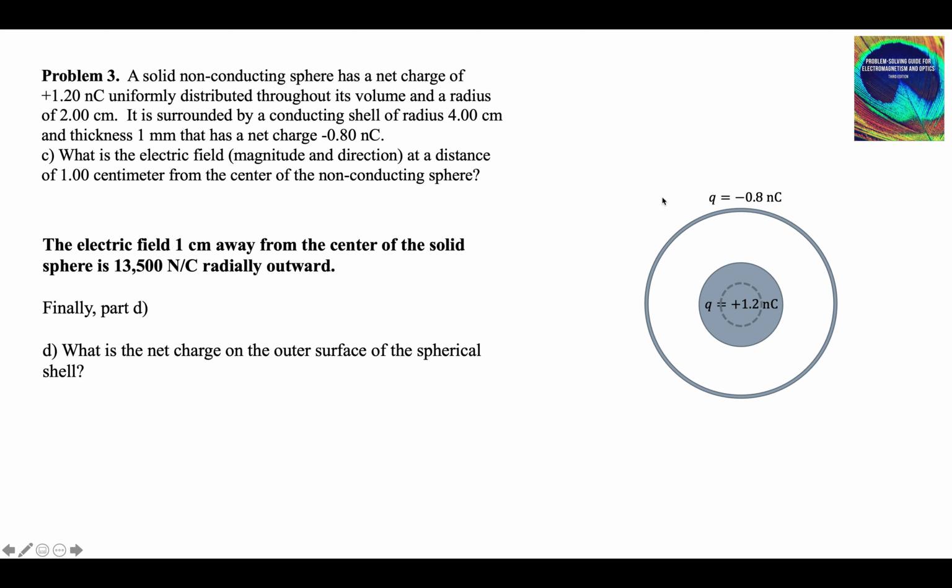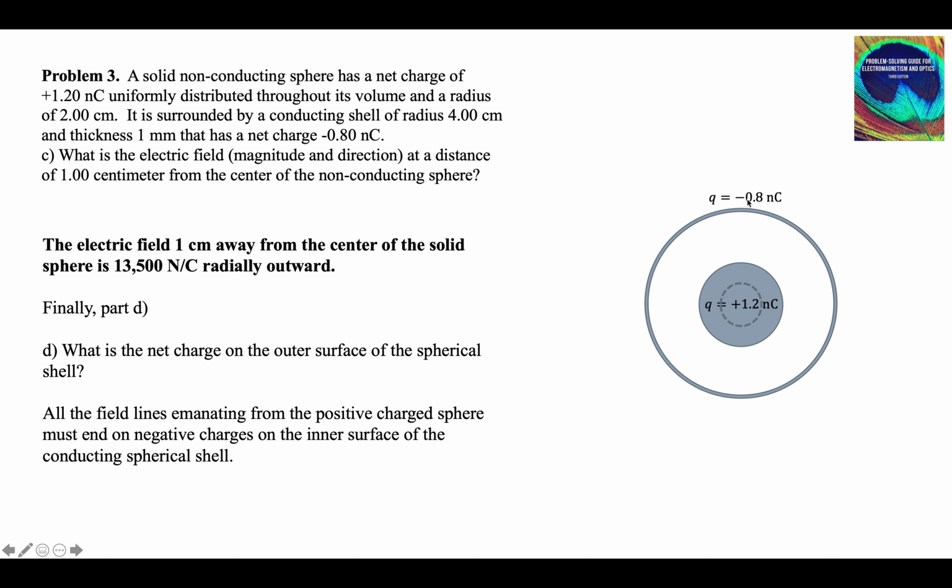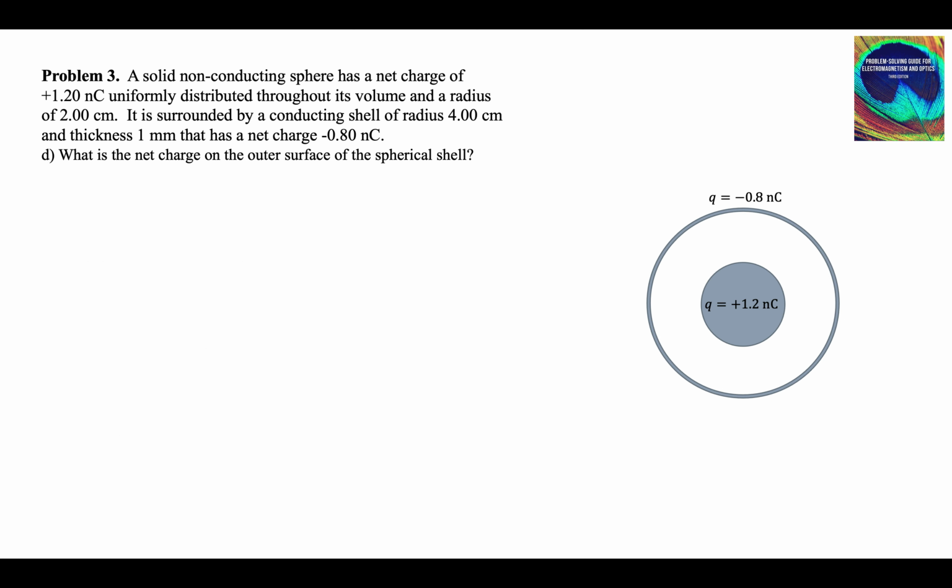We know the net charge on the spherical shell is 0.8 nanocoulombs negative, that's given. But the field lines emanating from this non-conducting sphere all have to end. There can't be any field inside of the conducting shell. So there must be minus 1.2 nanocoulombs on the inner surface of the conducting spherical shell.